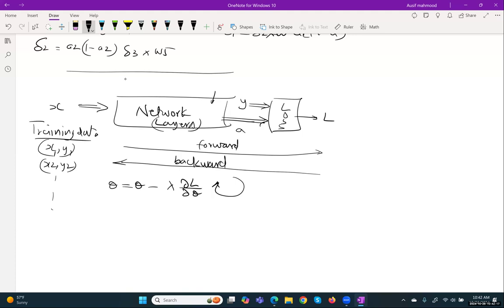Anyway, as we talked about it, you will use the stochastic gradient descent algorithm, meaning whatever training data you have, okay, let's say you had 10,000 training data, you will not feed this one at a time, in a sequence. You will create it into batches.